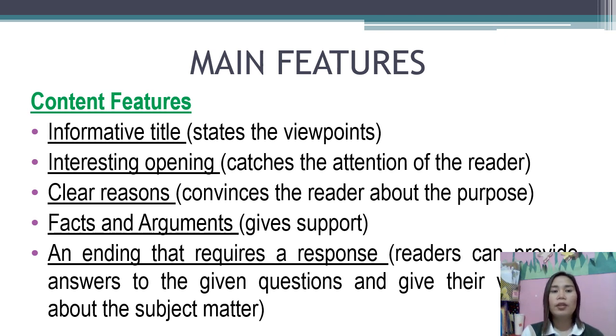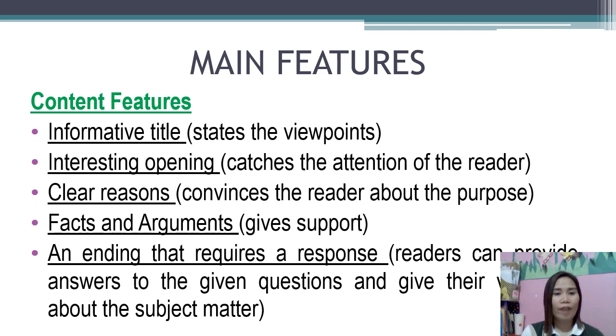Next is interesting opening. So it catches the attention of the reader. So you should have an interesting opening that will catch the attention of your reader. Next, clear reasons. So it convinces the reader about your purpose. Okay, what is your reasons? Okay, that is clear reasons.